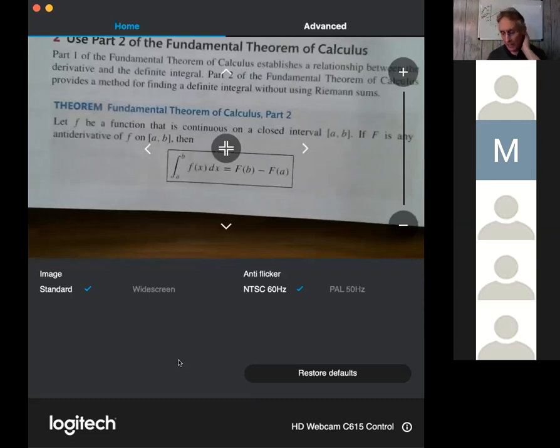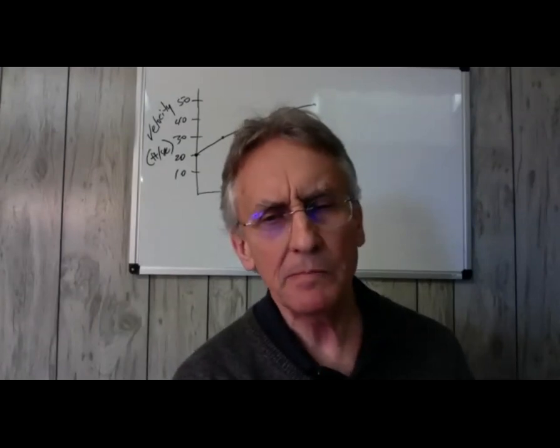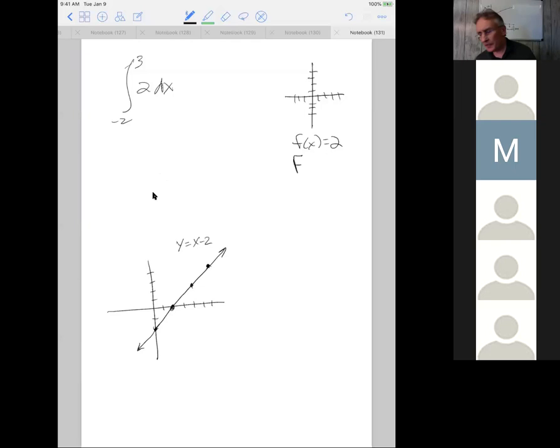All right, now, let me move on to my iPad, and let's look at a couple of examples. So I'm going to go to my iPad. All right, so here's what we've got.